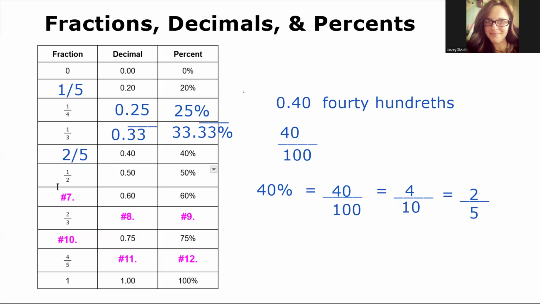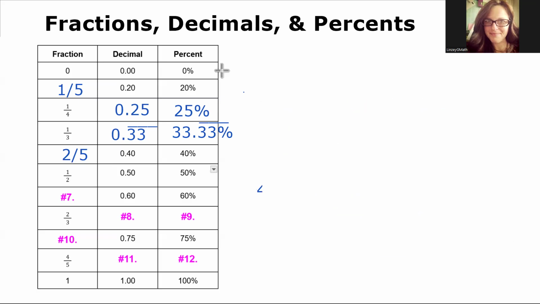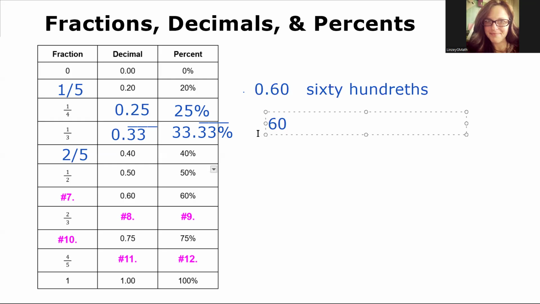And jumping all the way down to number 7. We have 0.60, or 60%. So 0.60 is 60 hundredths, 60 out of 100. And 60% also means 60 out of 100.